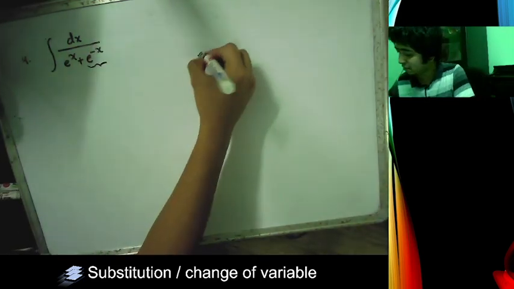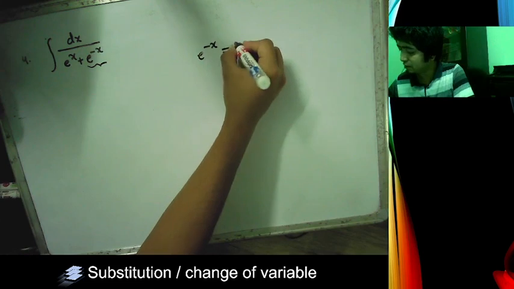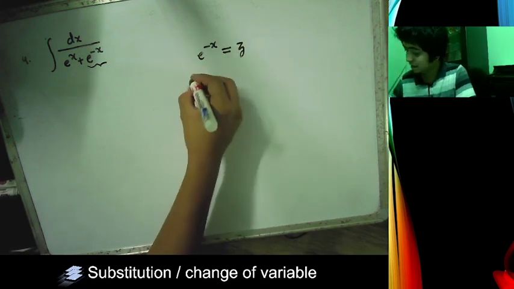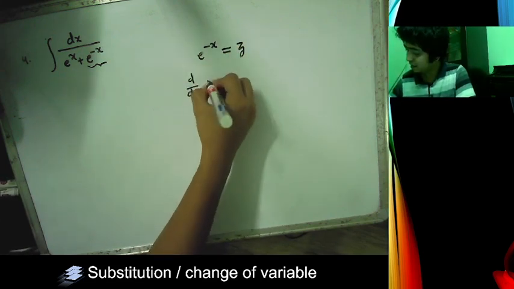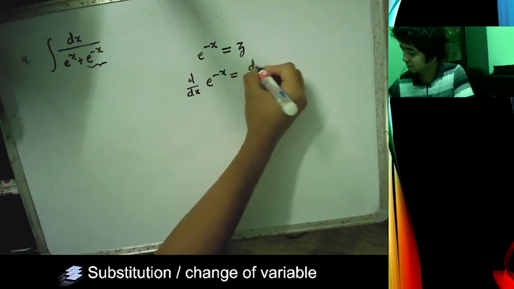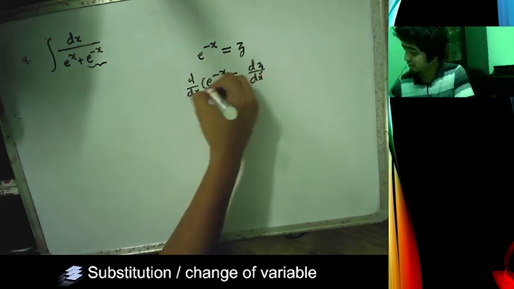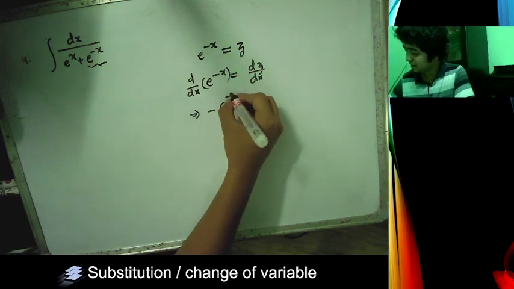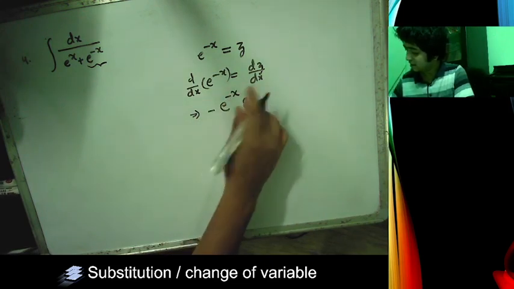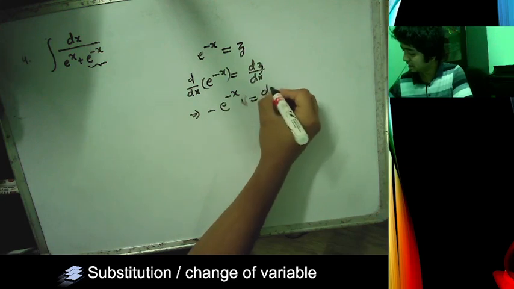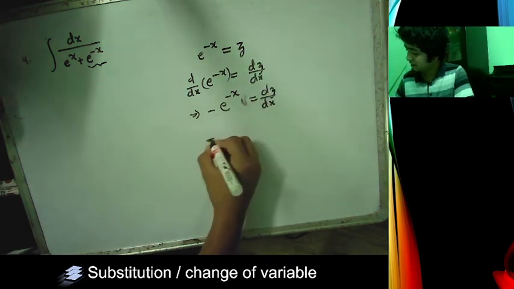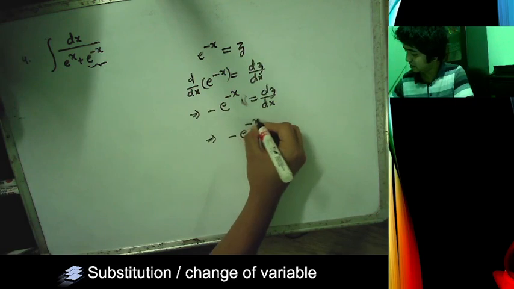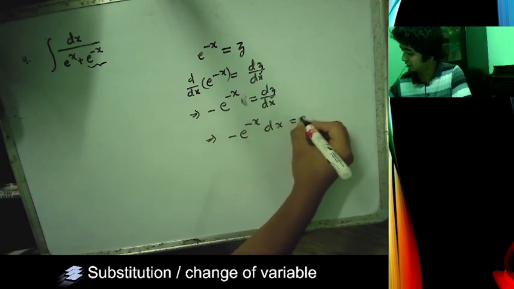So let us try to do that. e power minus x equal z. Differentiating, dz dx: if you differentiate e power minus x, you will be getting minus e power minus x equal dz dx, so minus e power minus x dx equal dz.